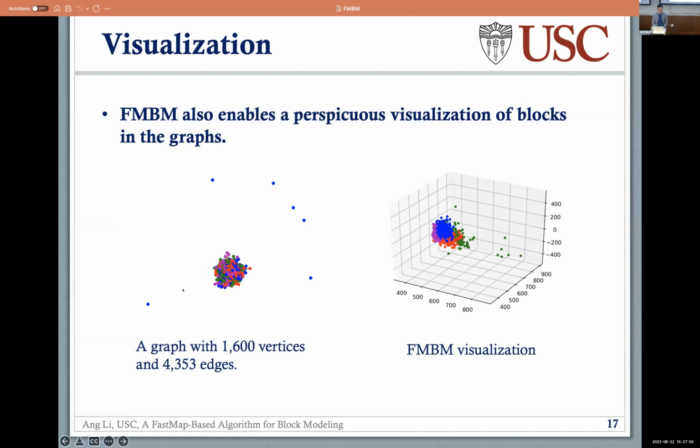So with a standard graph visualization procedure, we cannot see it very clearly. However, if we embed the graph into Euclidean space, even a three-dimensional Euclidean space with FMBM, we can see it much more clearly because now we have a three-dimensional perspective. And you can see here, the shapes, the boundary, and the trend of each block are much clearer now.